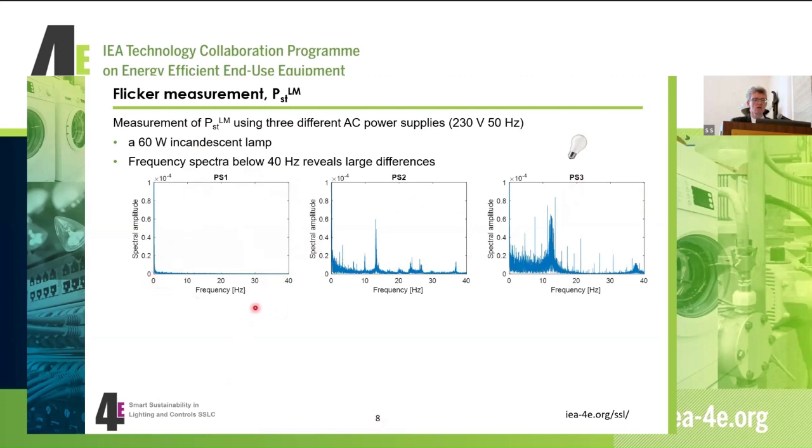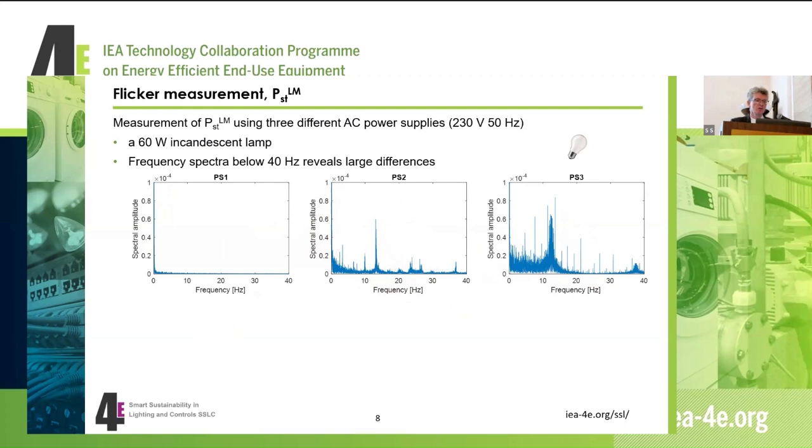I'm only looking at the frequency interval up to 40 hertz, which is the interesting frequency range for the PstLM metric. You can see power supply number 2 actually has more noise in this region. The y-axis is the same on all 3, so it's a direct comparison. And power supply number 3 has a lot more noise in this region.